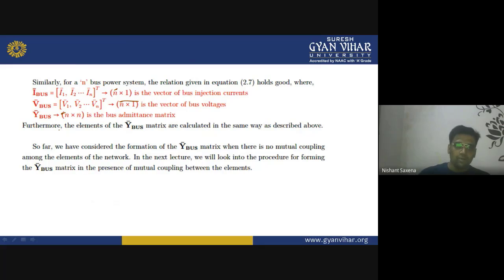The elements of the Y bus matrix are calculated in the same way as described above, as we have seen in the previous example. So far, we have considered the formation of the Y bus matrix where there is no mutual coupling among the elements of the network. There may be mutual coupling between two elements.